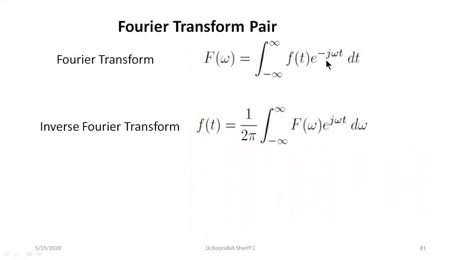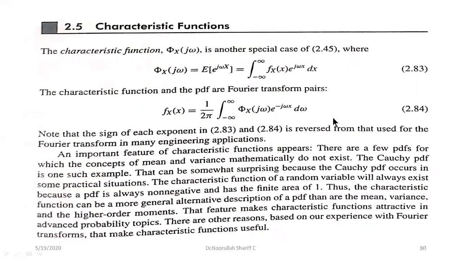So you have minus here, and in the inverse you have plus. But here we have the exact other way around: plus here and minus here. Therefore, in the exponent we have the sign reversed between the characteristic function and the Fourier transform.